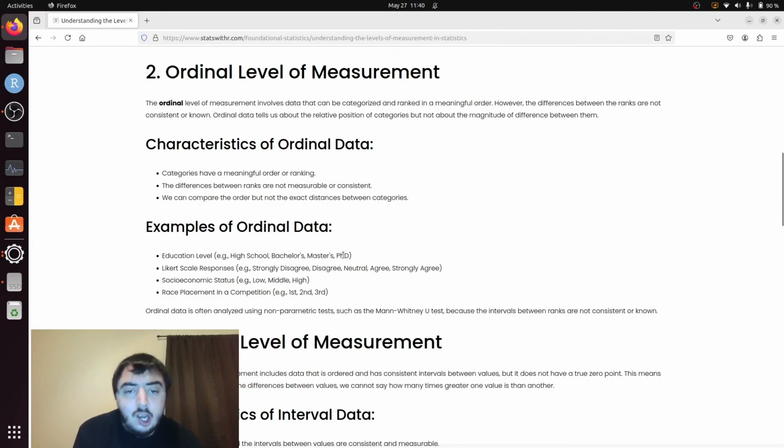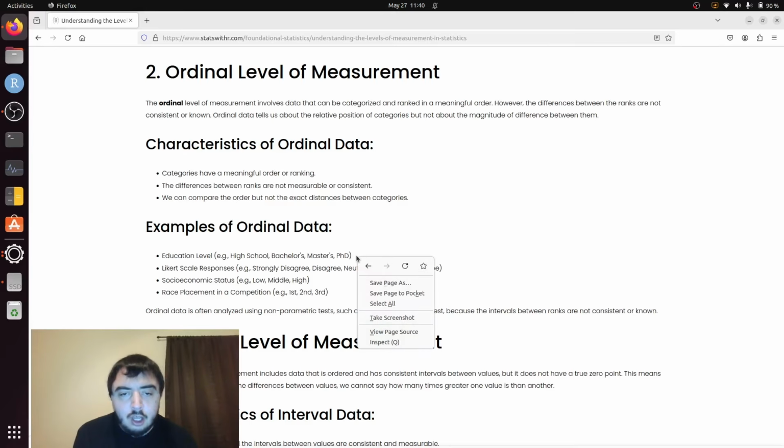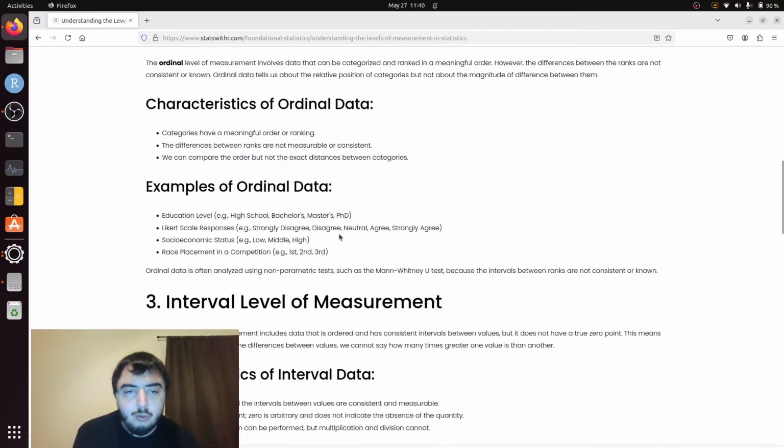There's definitely a hierarchy, but if the difference between a high school diploma and a bachelor's is the same as the difference between a master's and a PhD, I don't know. I doubt we'd agree, and it's not consistent. Or Likert scale responses, where strongly disagree is definitely more strongly disagreeing than disagree, but we couldn't really agree on the difference between the groups.